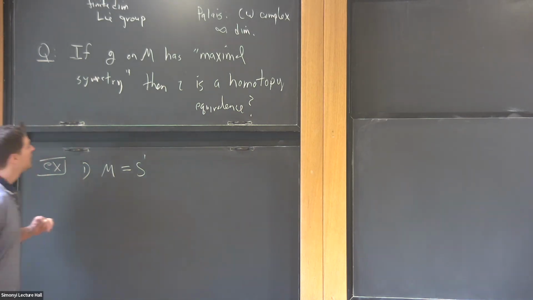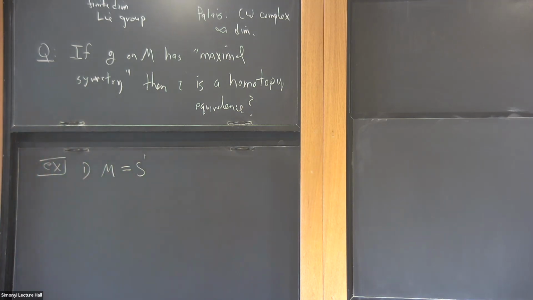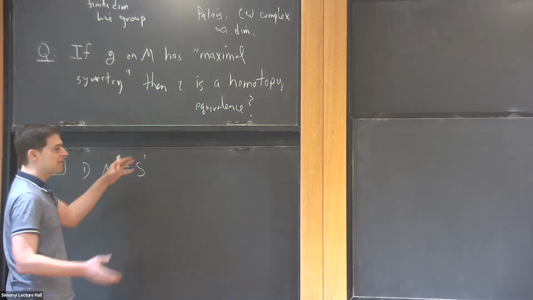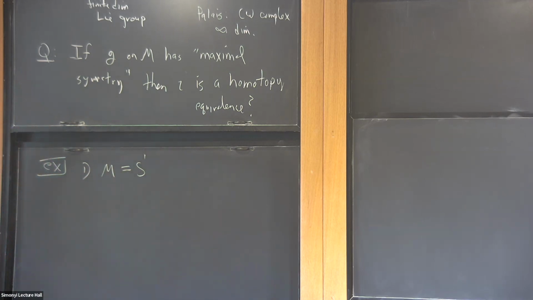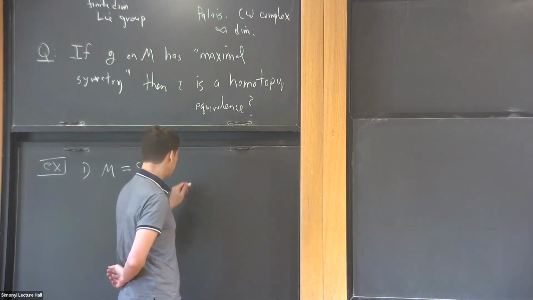Why do you expect this for a maximal symmetry? Exactly, assuming we have maximal symmetry. You'll see in the examples how it works. Generically there's no isometry group; you pick a random metric and there are no isometries. But the hope is that if we pick a nice metric, there are enough links between geometry and topology that we'll get a retraction. So the simplest example is S1.